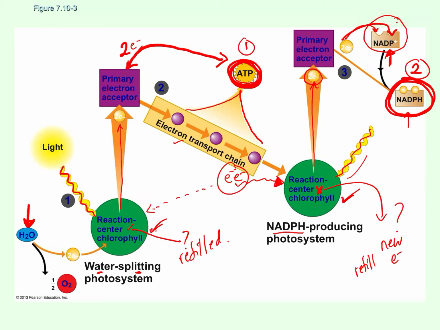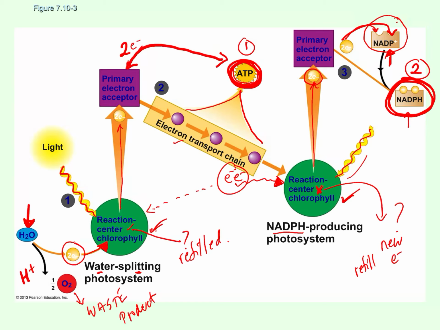When it's split, water becomes 2 electrons, which refill chlorophyll A here. It also becomes oxygen, which is the waste product, right, of photosynthesis. And then it also creates an H+, which is not written here. So that is the gist of it.